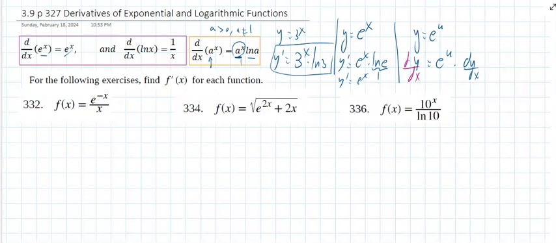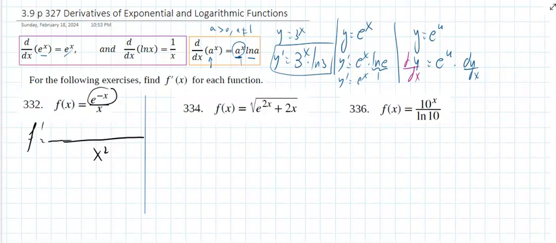So, looking at the first example we have, if I would like to take a derivative of e to the negative x divided by x, that would be the quotient rule. I'm going to get the denominator squared. It's going to be derivative of the top.